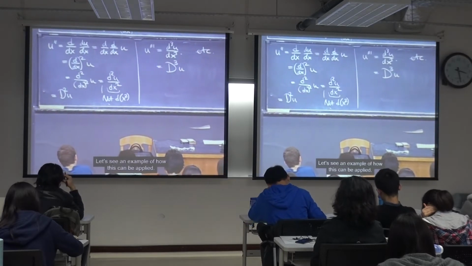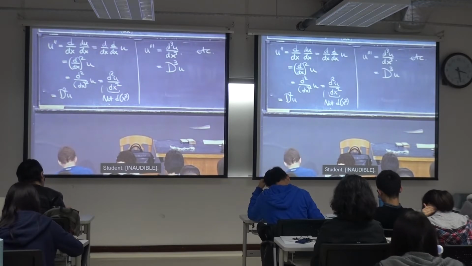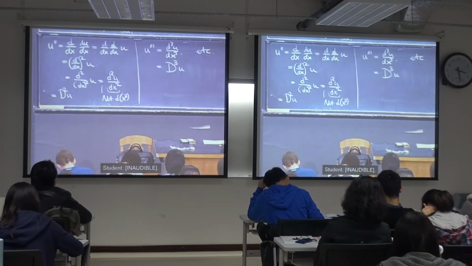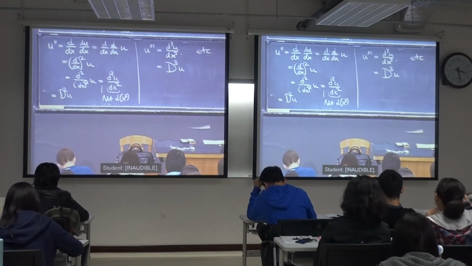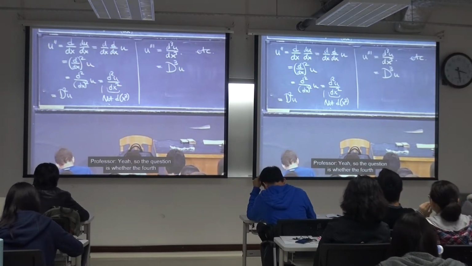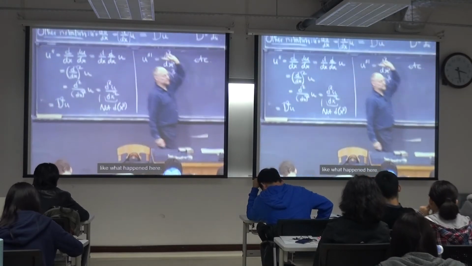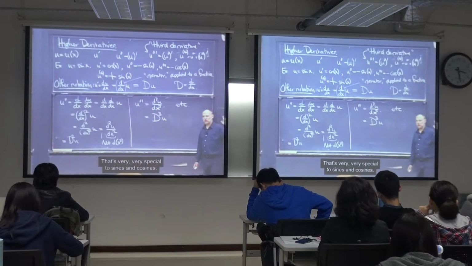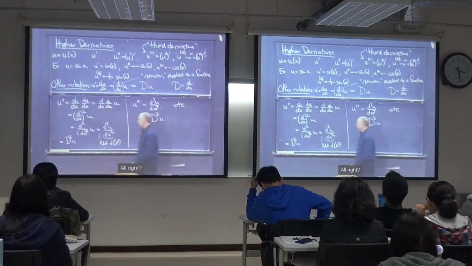Let's see an example of how this can be applied. I'll answer this question. So the question is whether the fourth derivative always gives you the original function back, like what happened here. No, that's very, very special to sines and cosines. Right?